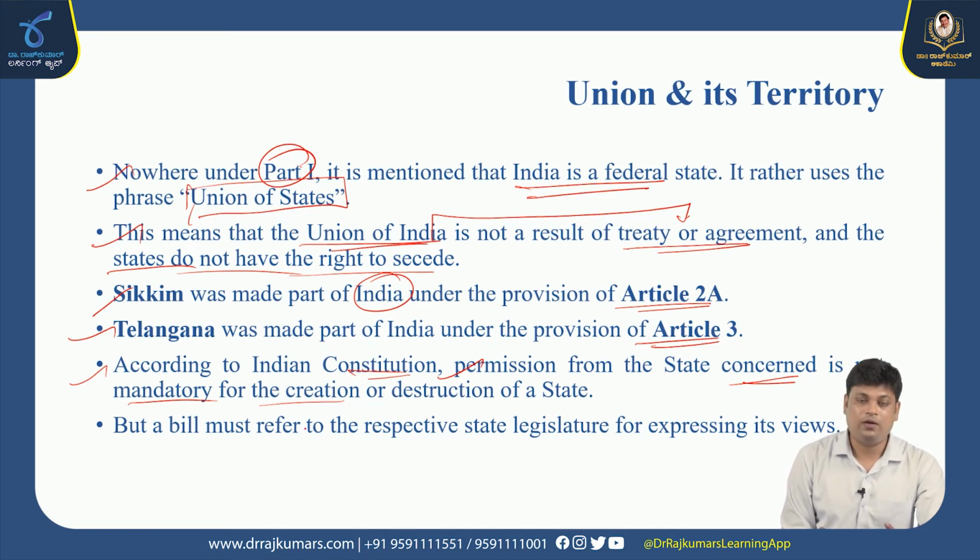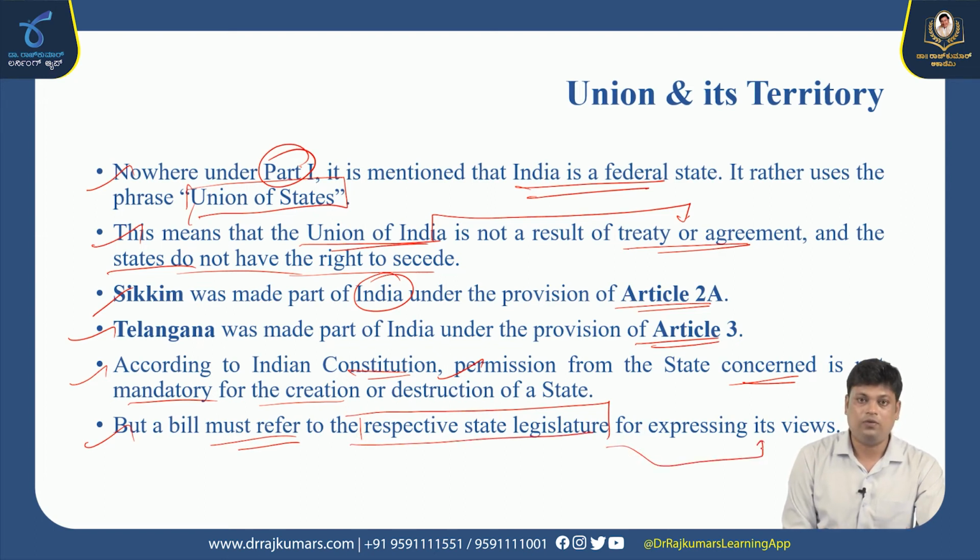If the central government wanted to bifurcate, take the example of Karnataka, South and North Karnataka, there is no need to get the state's consent to bifurcate. It is up to the center to decide. That is the point. But a bill must be referred to the respective state legislature for expressing its views.